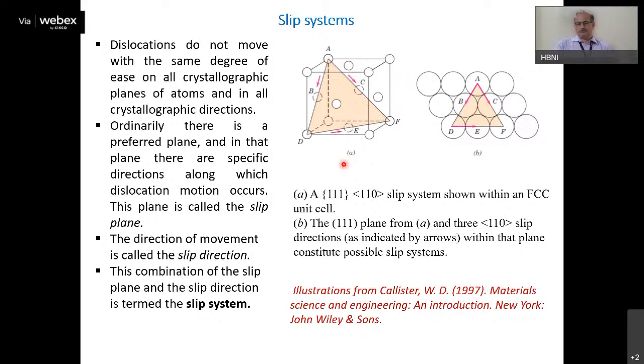If you want to deform your system in some arbitrary direction, it will be a mixture of activation of several slip systems. It is not just one slip system which is activated under a general plastic deformation. One needs to activate several slip systems in order to reach the desired plastic deformation.